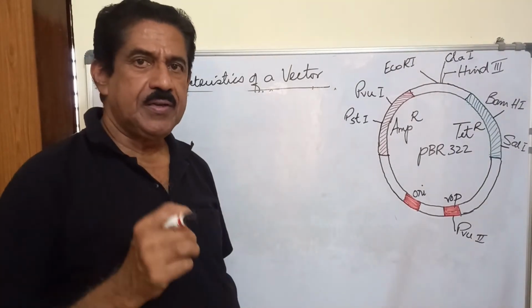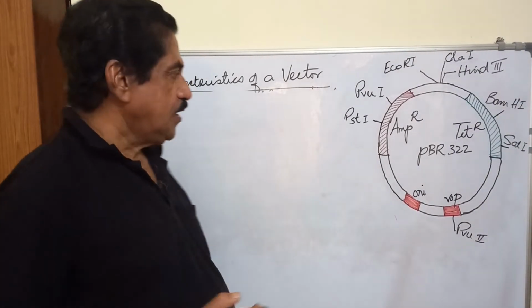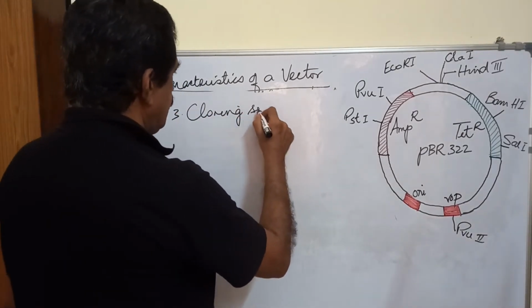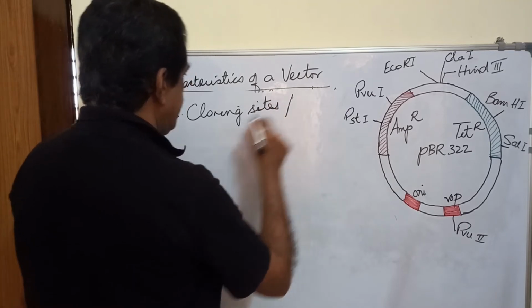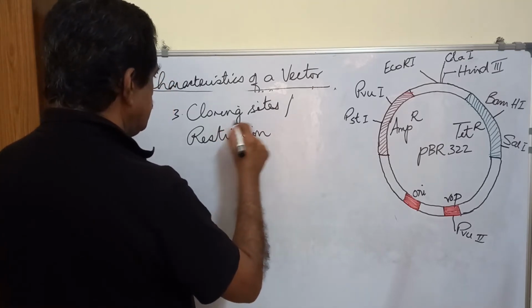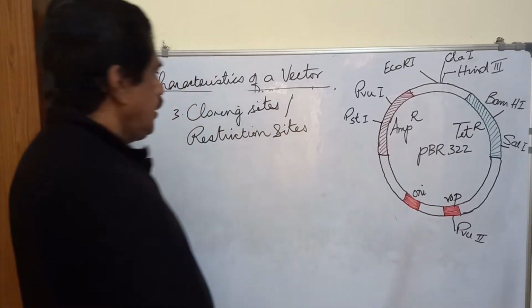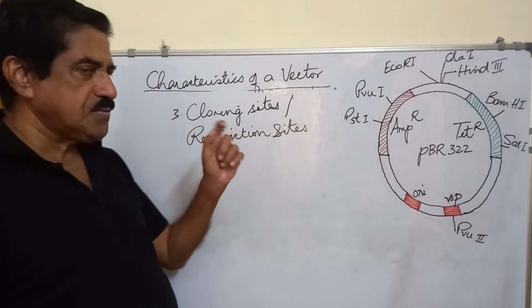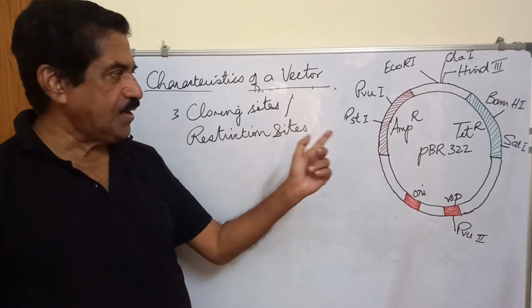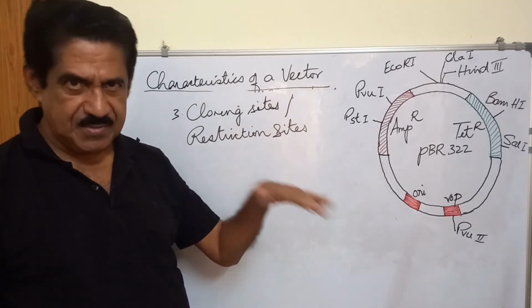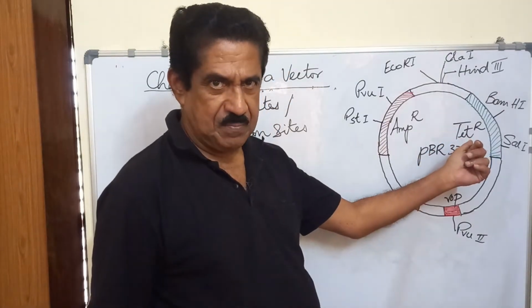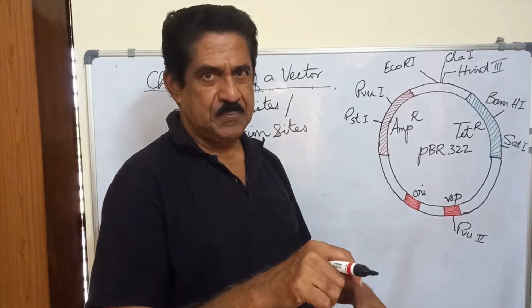Now, the third characteristic a vector should have is cloning sites or restriction sites. These cloning sites or restriction sites are places where different restriction endonucleases cut the plasmid. Let us say we want to cut the plasmid inside the tetracycline resistance gene and put the foreign gene inside it.